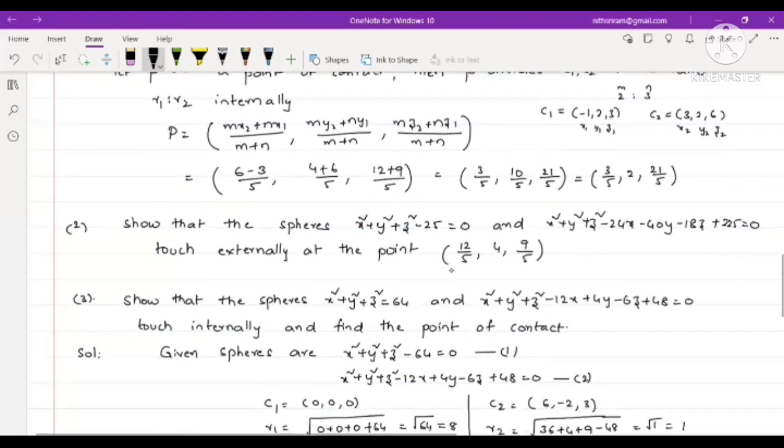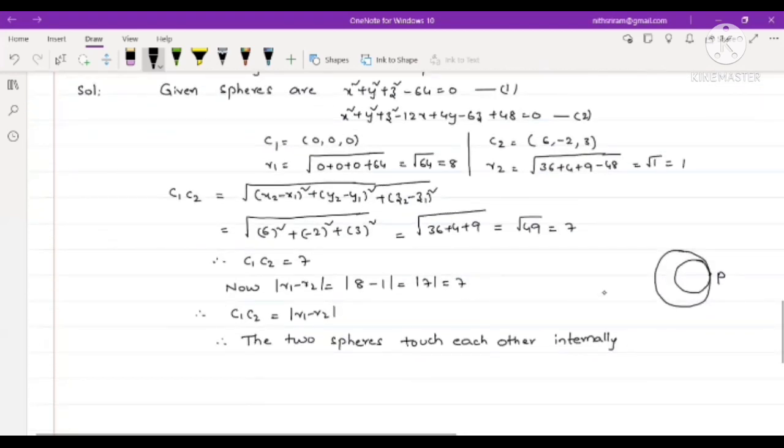Whereas when the two spheres touch each other internally, P divides C1C2 in the ratio R1 to R2 externally. Why? Because clearly the point P lies outside, on the line.